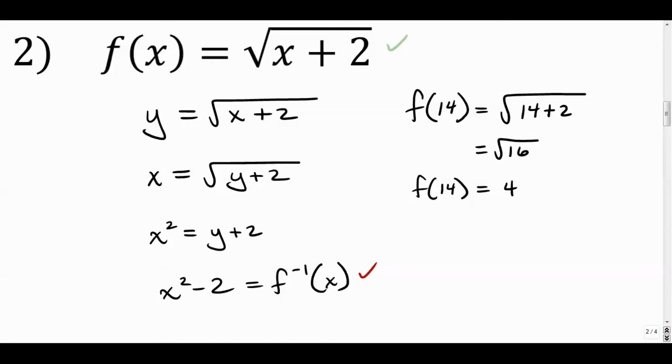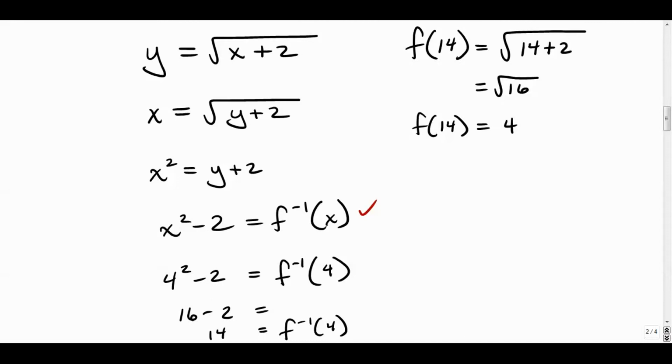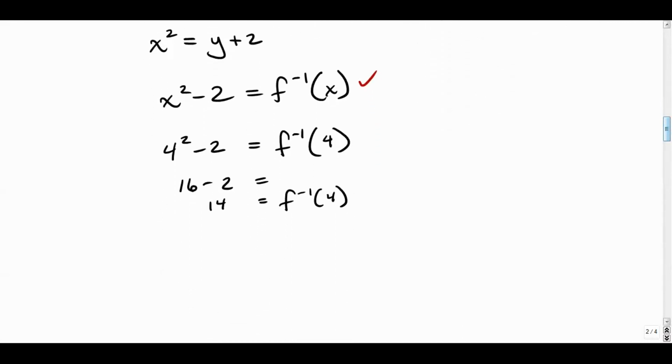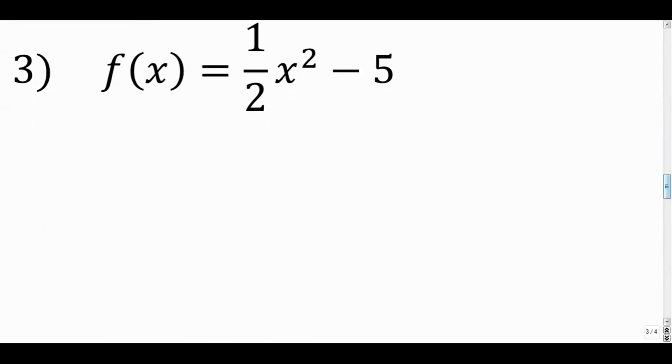My claim is that when I plug this value into my inverse, I should get 14. So let's check. 4 squared minus 2, 16 minus 2. And sure enough, it is 14. So there's a nice connection there. We're making connections hopefully visually and algebraically. Last one, and then we'll wrap this video up.